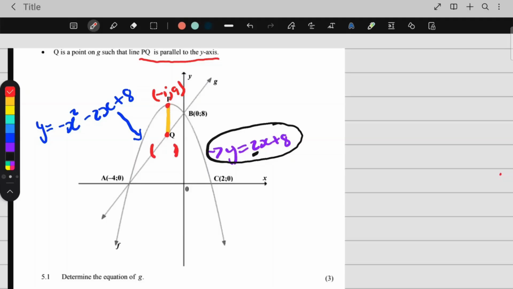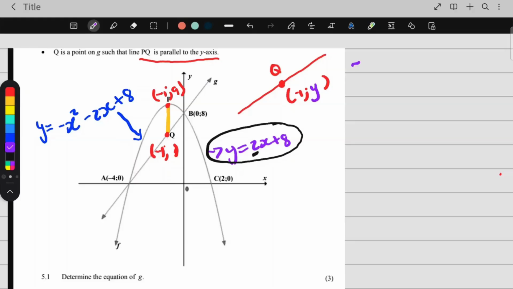If P's x value is negative 1, then Q's x value is also negative 1. So I need to get the y value of Q. Q is on the straight line. Can you see if you have a straight line here? Q is over here. So far, we have negative 1, but we don't know what y is. So I have to work out this y over there.